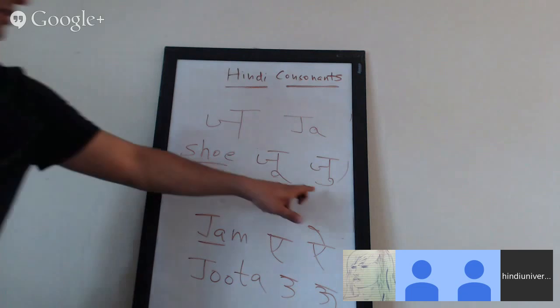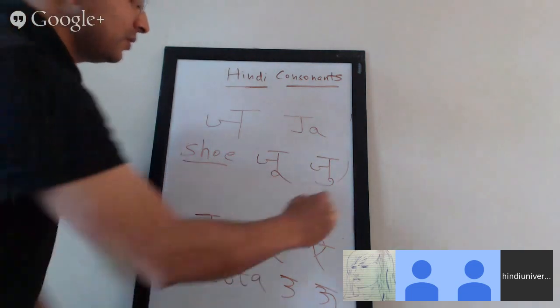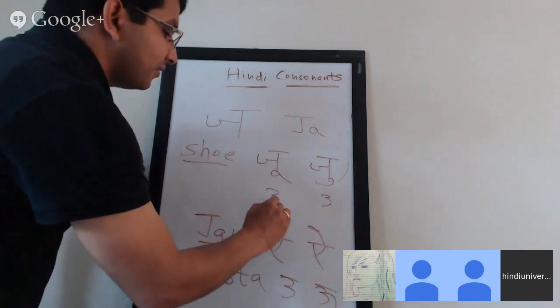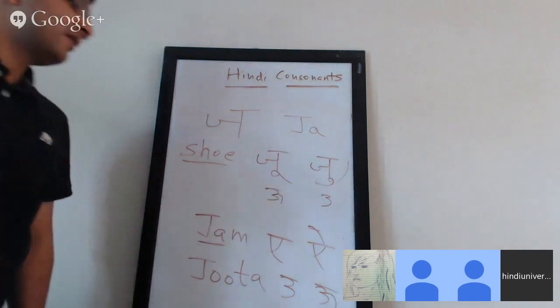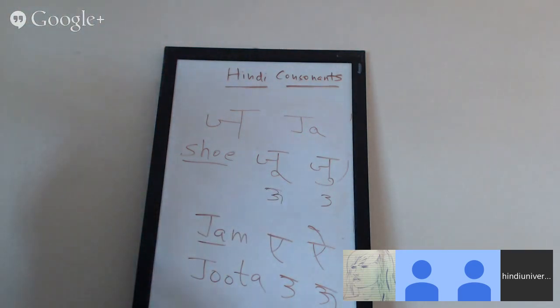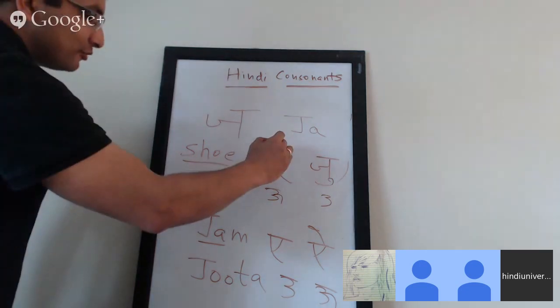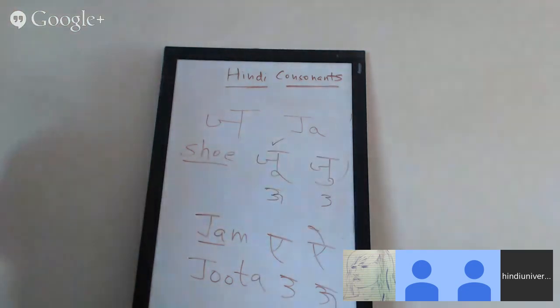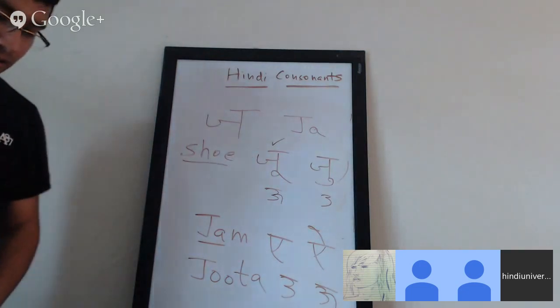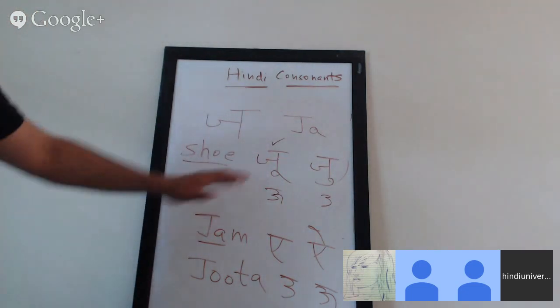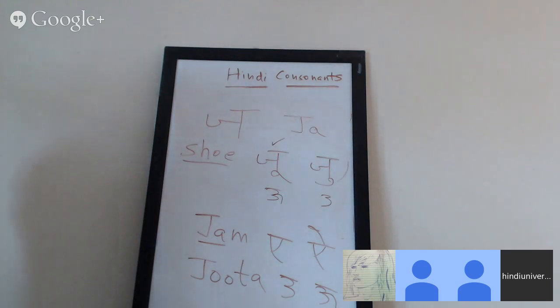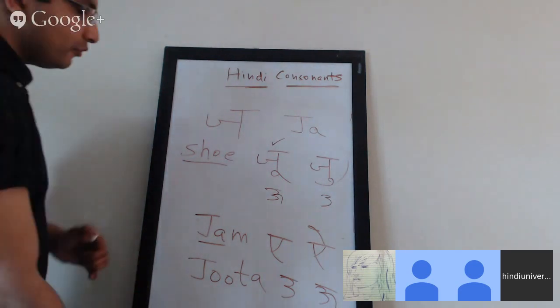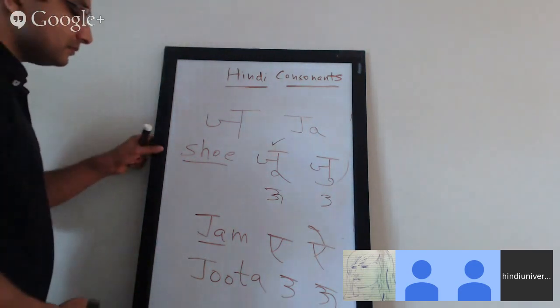So this is the first one, and this is the bigger one. I'll be a little bit easy here, so I'll give you the answer. When you say juta, you put emphasis on the U sound, and that's why it's the bigger U, juta.